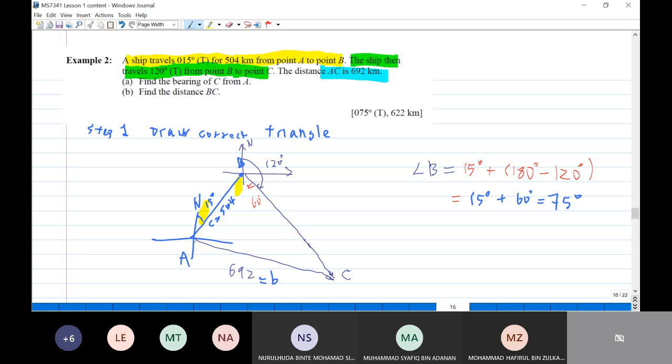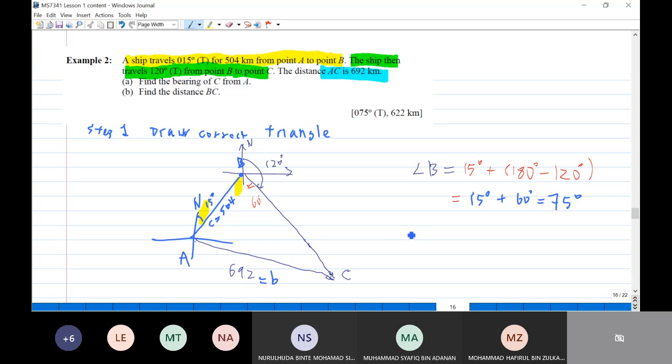So what is an easy one? I have found angle B, B is the easier one. So I want to find the angle C. Can I find angle C? Yes, I think so. You can try.